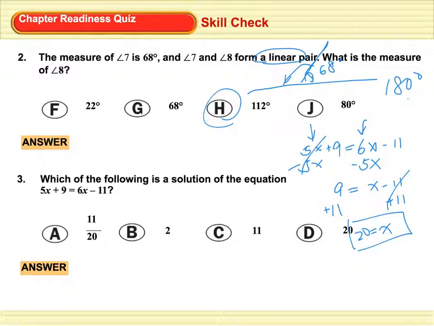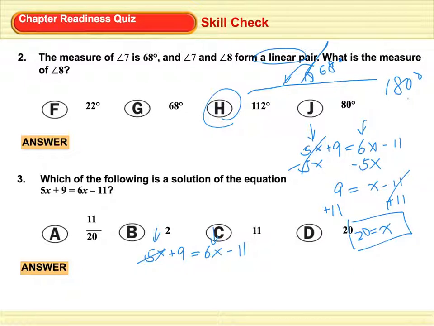Another way, a quick way, it sort of skips a step, which some people don't like, but I like to take shortcuts. So let's see. If I want to group all the x terms together, here's the x term, here's the x term, and then all the numbers on the other side, what I really want to do is to get rid of this.